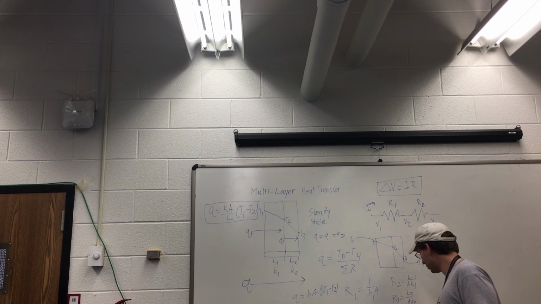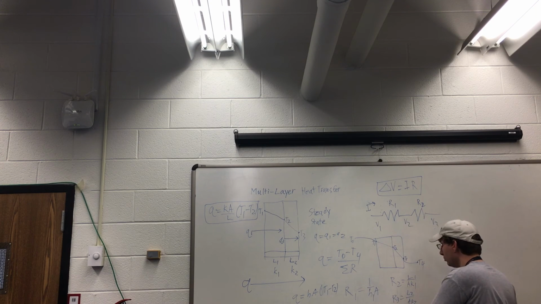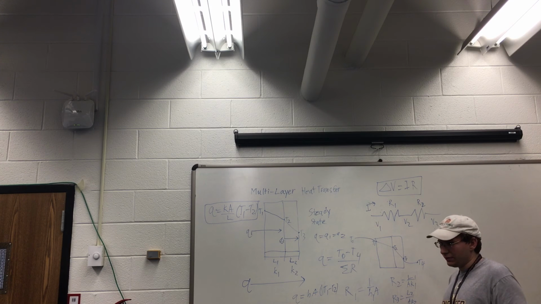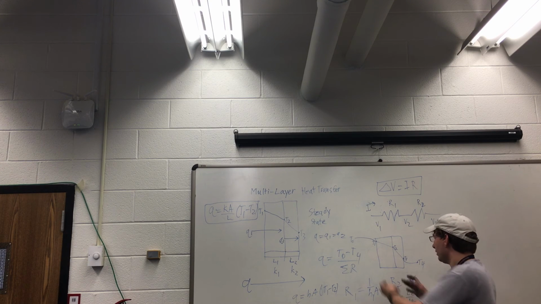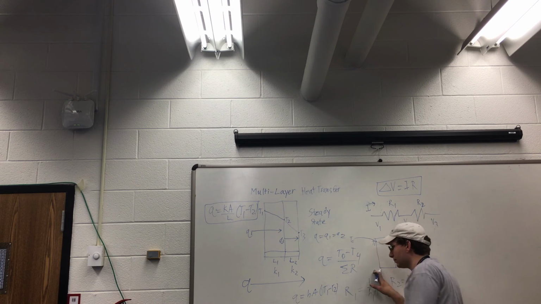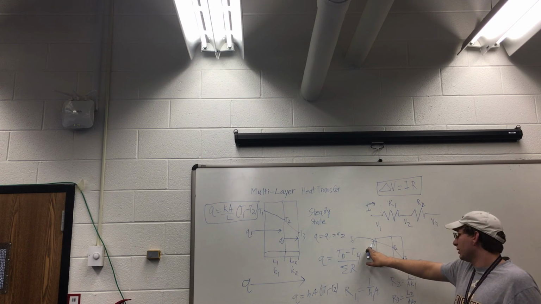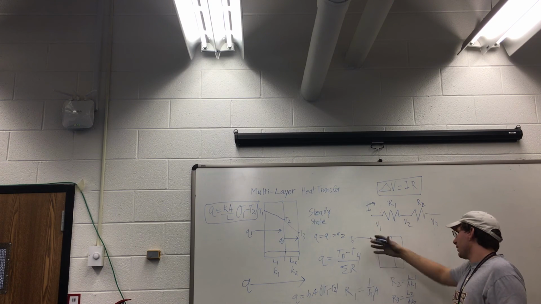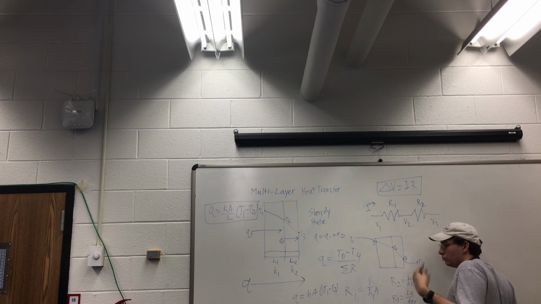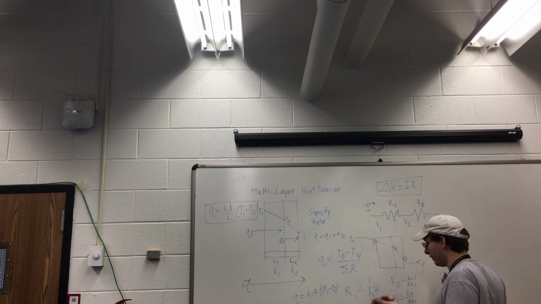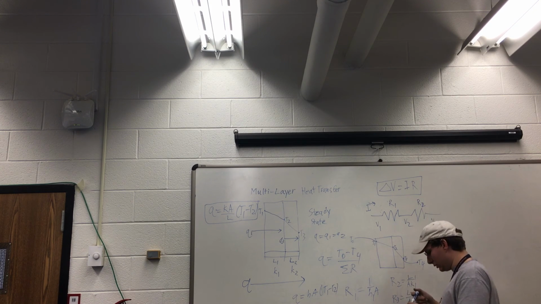And then R4 is just 1 over H2A. Now the reason why I put H1 and H2 is that it implies they're different, and they could be. If this is our interior wall, and we have a ceiling fan going, then you could have forced convection here, which would change the resistance of how heat transfers.